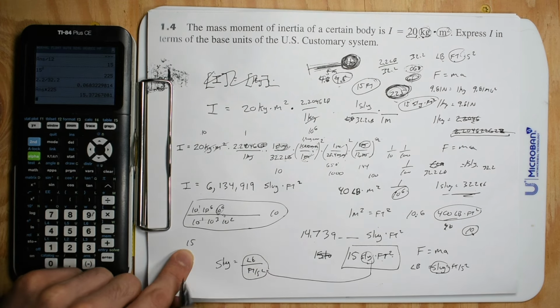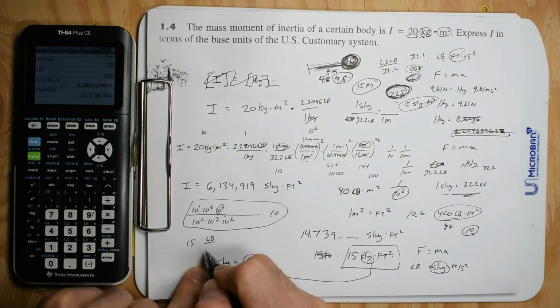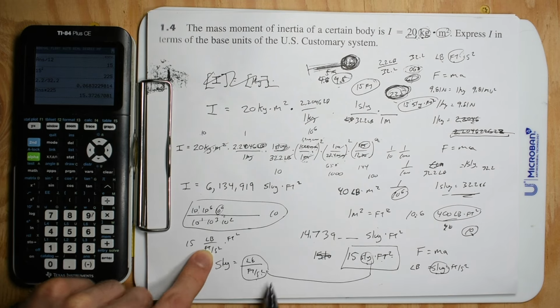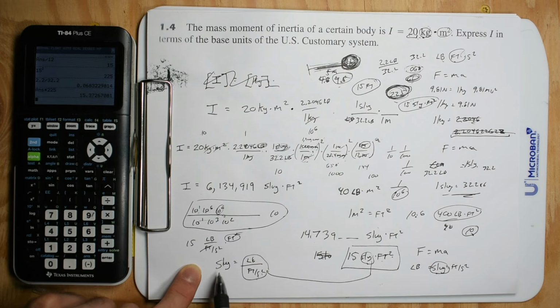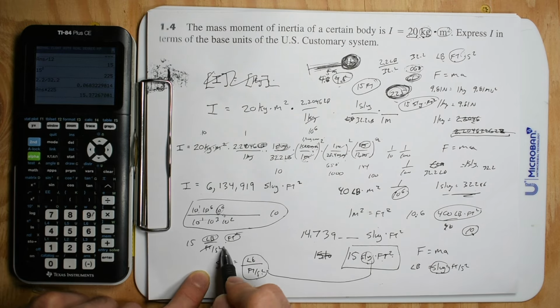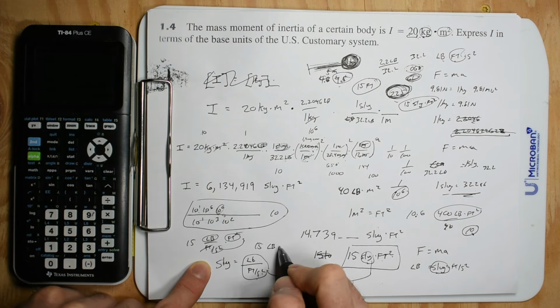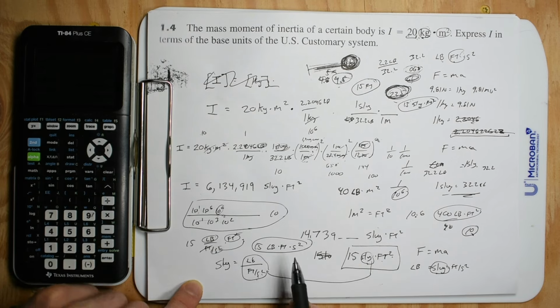And then we'd get 15, pounds over feet per second squared, times feet squared. This foot cancels. We're left with pounds on top, and seconds goes to the top. So then we'd get 15 pounds, feet, times second squared.